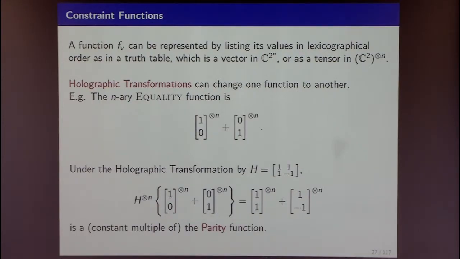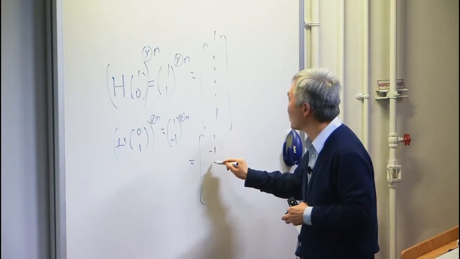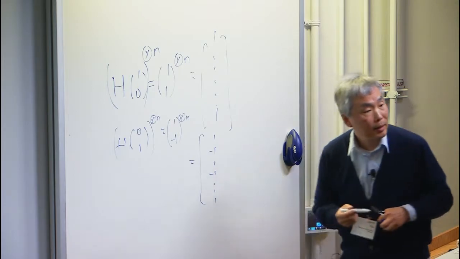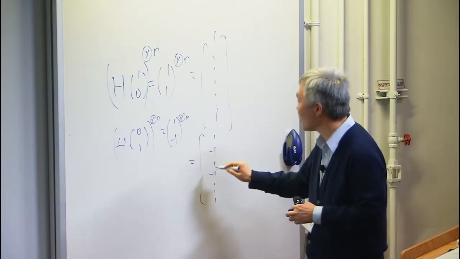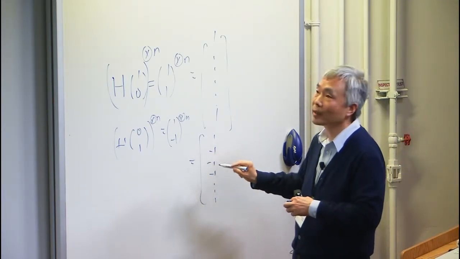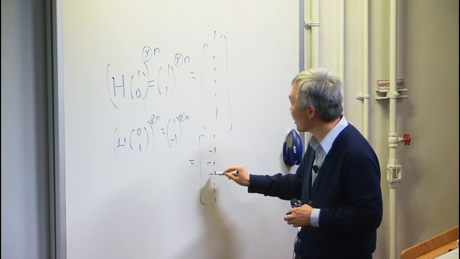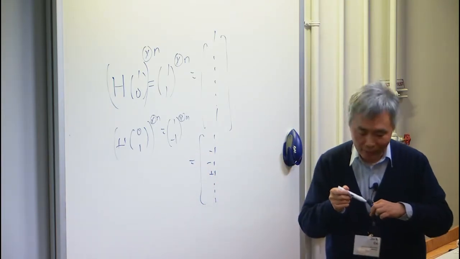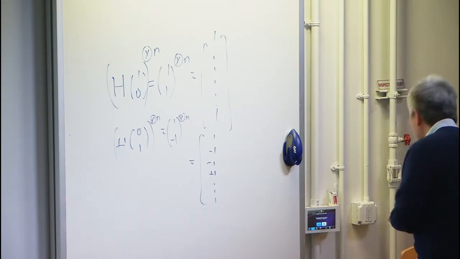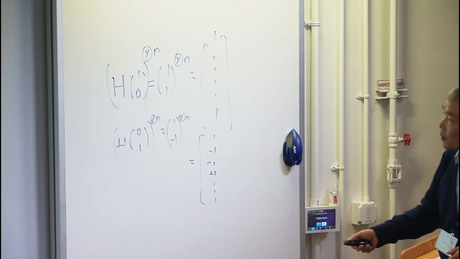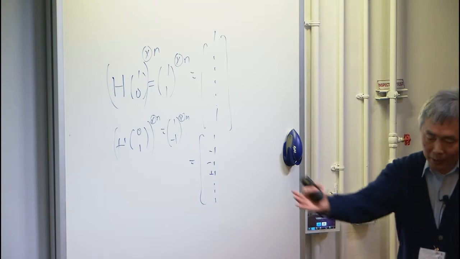And if you did this of 0, 1, then this becomes 1, minus 1 to the n. And this becomes 1, minus 1, 1, minus 1. Depends on how you label the things. If you label this lexicographically, it would be 1, minus 1, minus 1, plus 1, and so on and so forth.